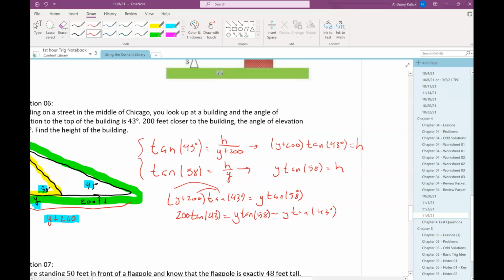On the right side, notice that both of those contain a y. So I can factor the y off. And then we'll divide both sides by tan 58 minus tan 43.